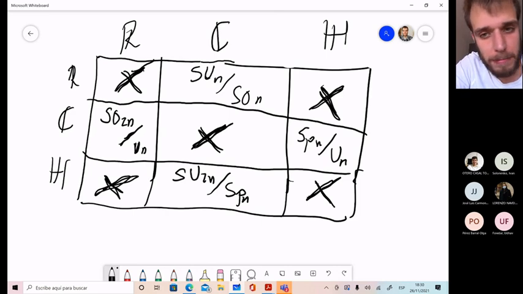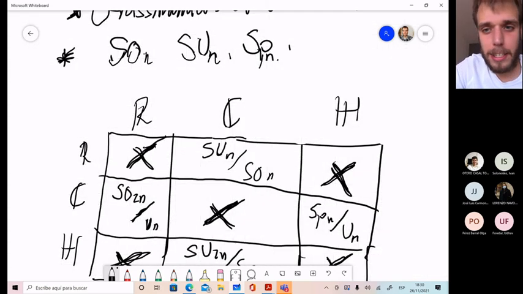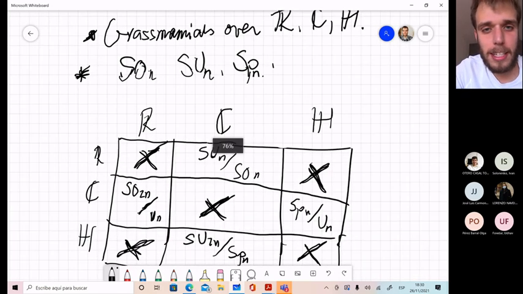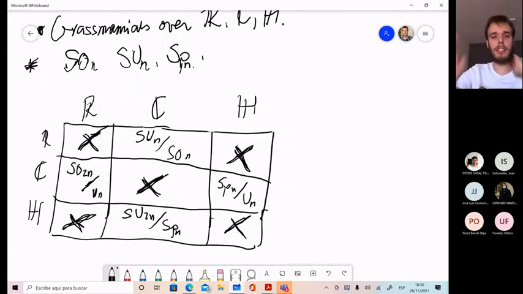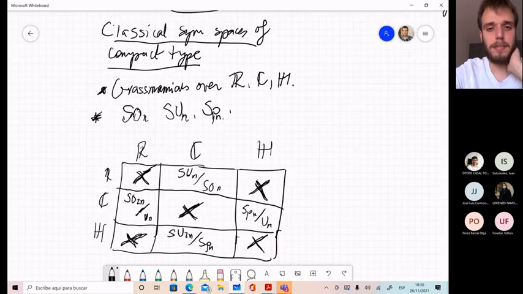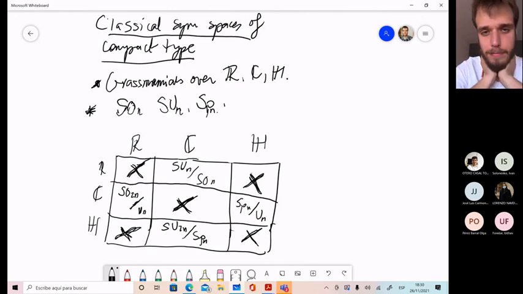This is the last one, okay? And these are all classical symmetric spaces of compact type up to coverings. Essentially these are all.